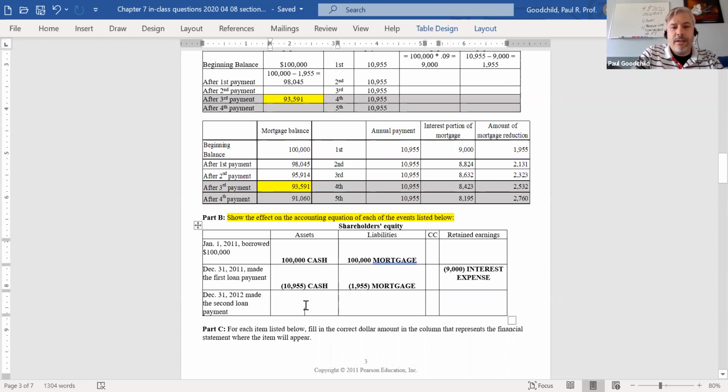Now we make the second loan payment, and it's still the same amount, $10,955 cash. And our mortgage is reduced by $2,131. And then interest expense is $8,824.